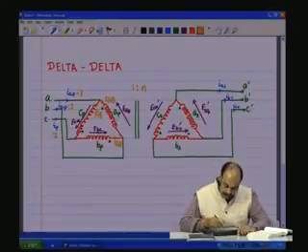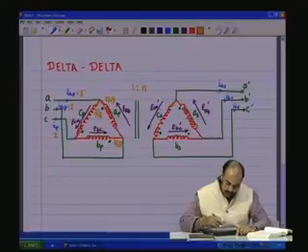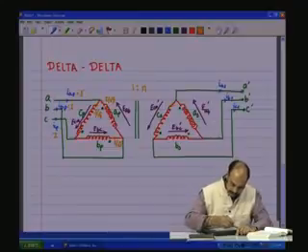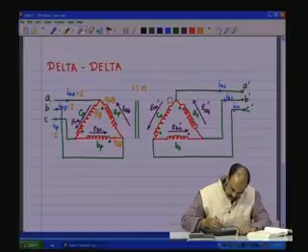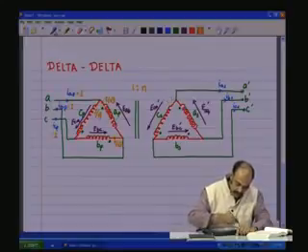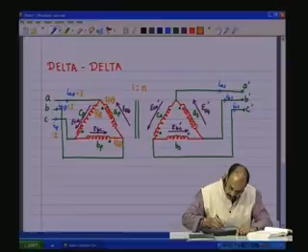So, the phase currents which are flowing on the secondary: if it is entering the dot on the primary, it is leaving the dot on the secondary. So, we will put the direction like that.